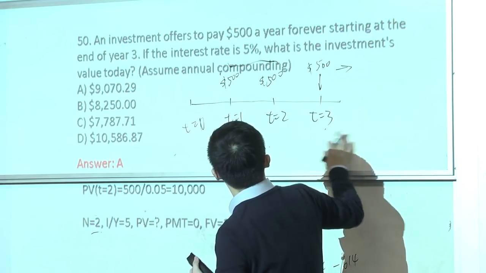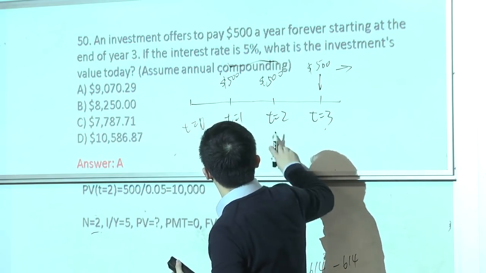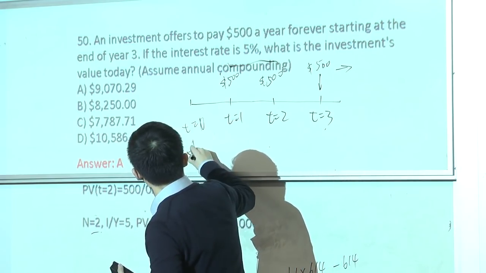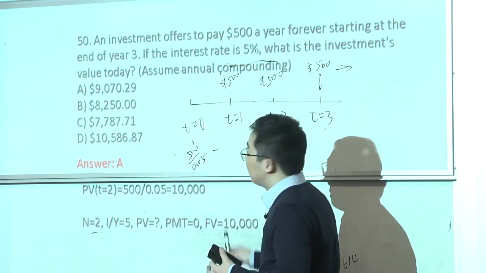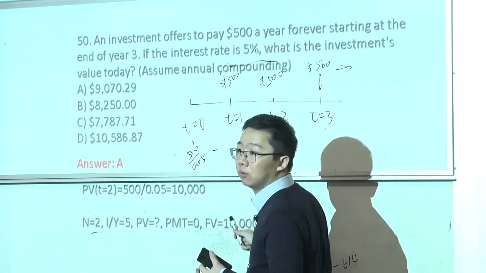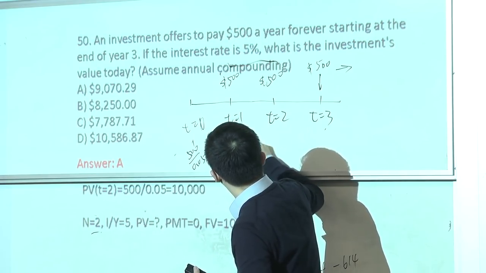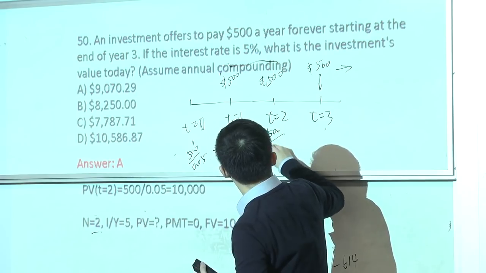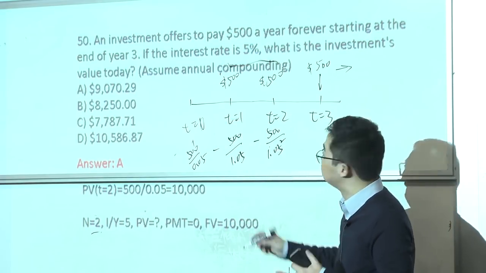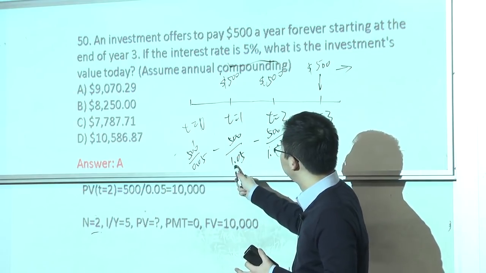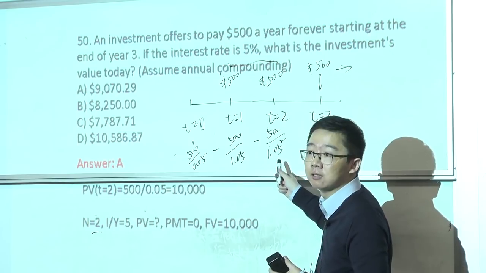The first one, the perpetuity with the starting value of 500 as of here, is 500 divided by 0.05, minus the present value of those 2. It is 500 divided by 1.05 minus 500 divided by 1.05 squared. That 500 discounted once, that 500 discounted twice.